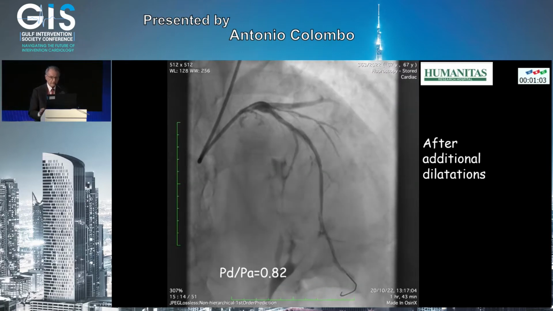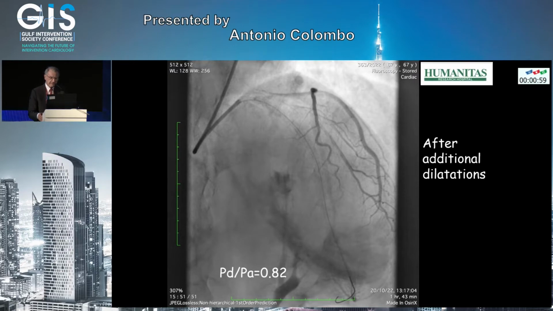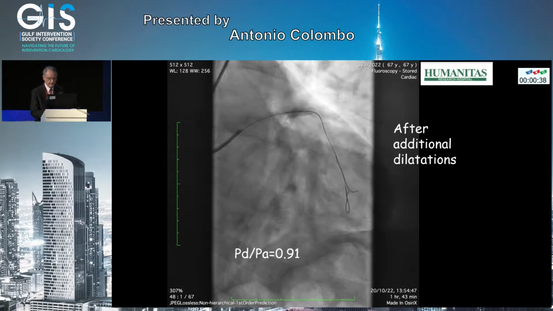After additional balloon dilatation, still PDPA was 82. The vessel reopened, but still was 82. That is not acceptable because, although we don't have any randomized study, our 2 years of experience is that we do not accept any residual gradient higher than 10.